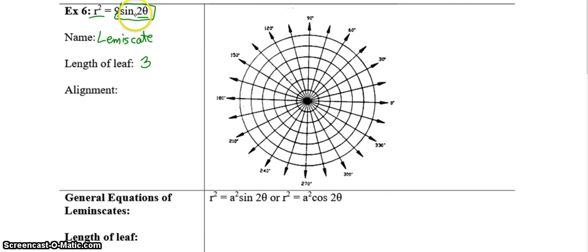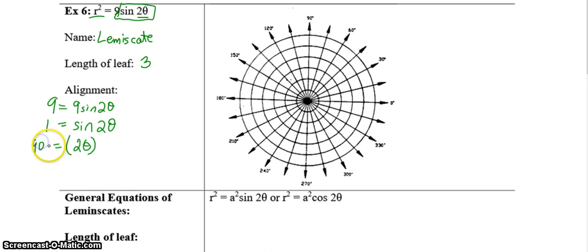Alignment, well, the leaf is 3 units long, so when is 9, or 3 squared, equal to 9 sine of 2 theta? So when is the sine of 2 theta equal to 1? Sine of what angle is 1?